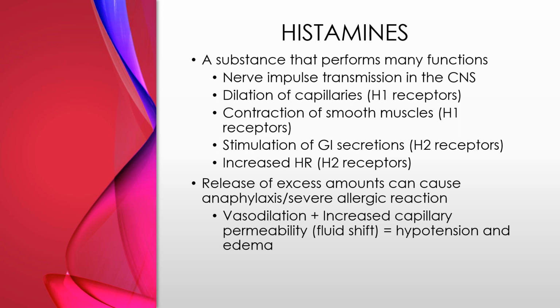They're released when there's an irritant in the air, something like hay fever or grass or pollen or something that you're allergic to. And when you come in contact with that trigger, histamines are released in copious amounts, so large amounts, and that's what causes the reactions, as we will learn.